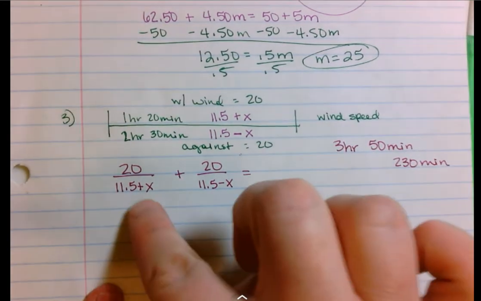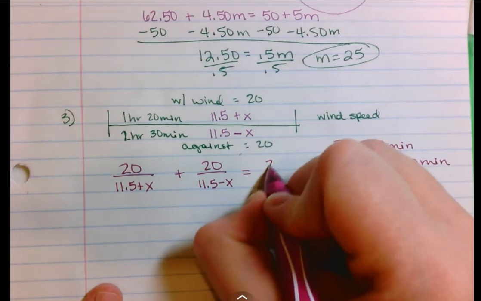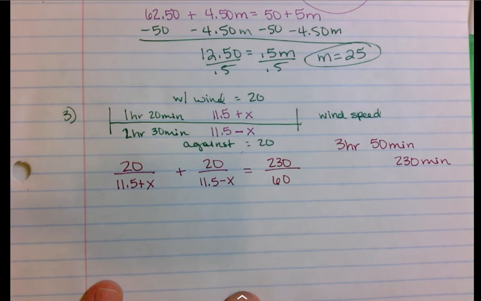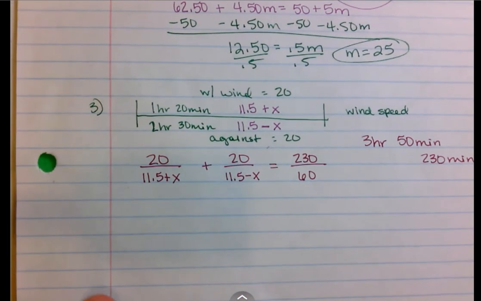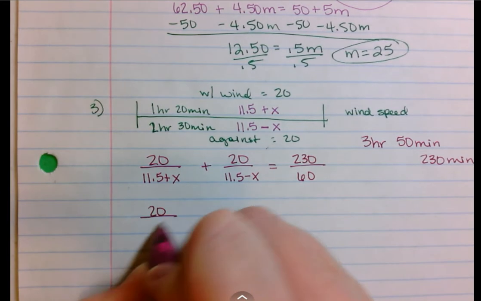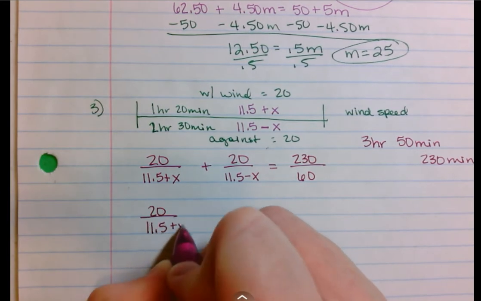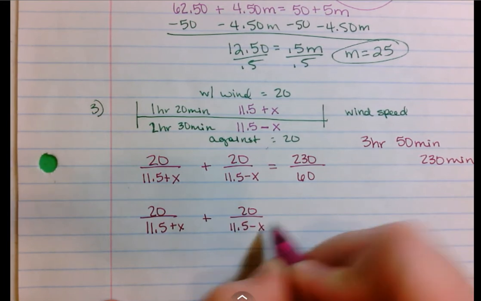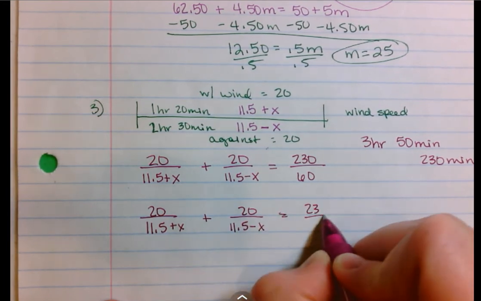And then my speed is per hour, so I'm going to take my total, 230, divided by 60, because I'm doing speed per hour. Okay? Simplifying this out, I get 20 over 11.5 plus x plus 20 over 11.5 minus x equals 23 over 6.